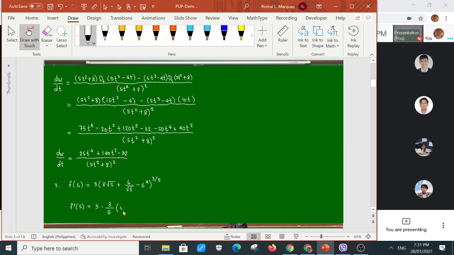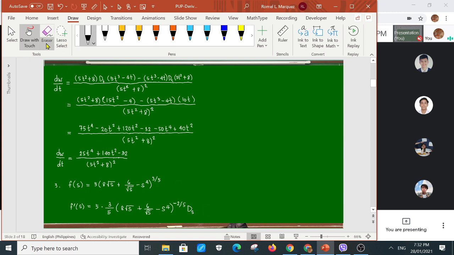Copy the base. Yan. Copy the base. Subtract 1 from the exponent. Pero, copy muna. Hindi ko pa nakakopy lahat. Plus, negative s to the 4. Quantity to the. Subtract 1 from the exponent. Minus 1. Meaning minus 5 over 5. Negative 2 over 5. Times the derivative with respect to s of the inside.